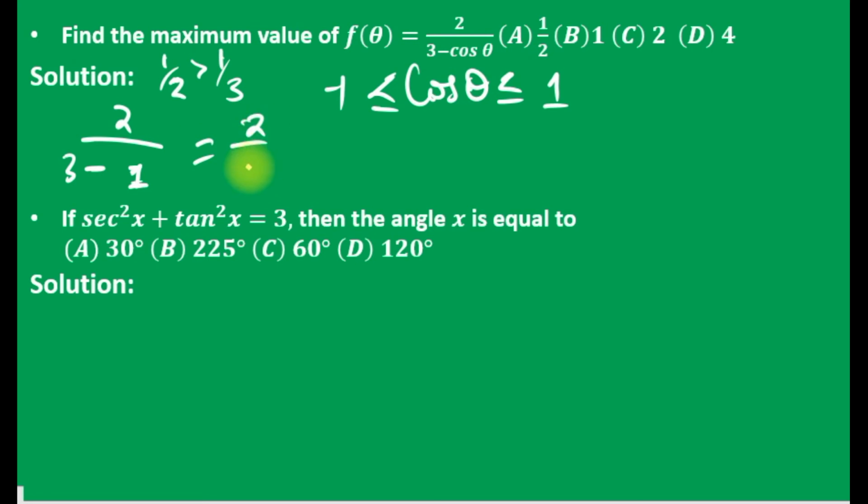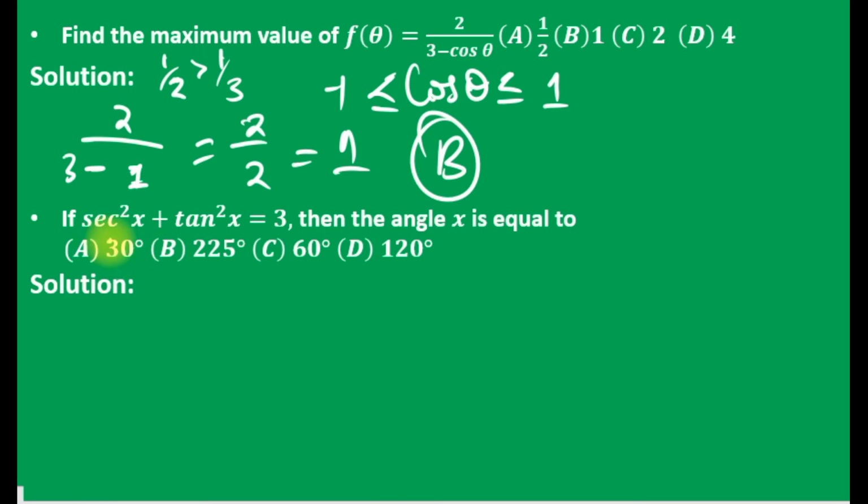So our answer is 2 over 2, which is 1. Our answer is B. So it's just a logical equation. For this to have a maximum, we try and make the denominator as small as possible. That's why we took the maximum value of cos to be 1.